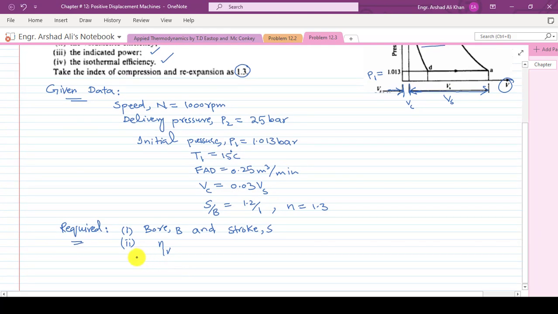Third, we have to find the indicated power. Also, number 4, we have to find the isothermal efficiency. So four things are required: bore and stroke, volumetric efficiency, indicated power, and isothermal efficiency.